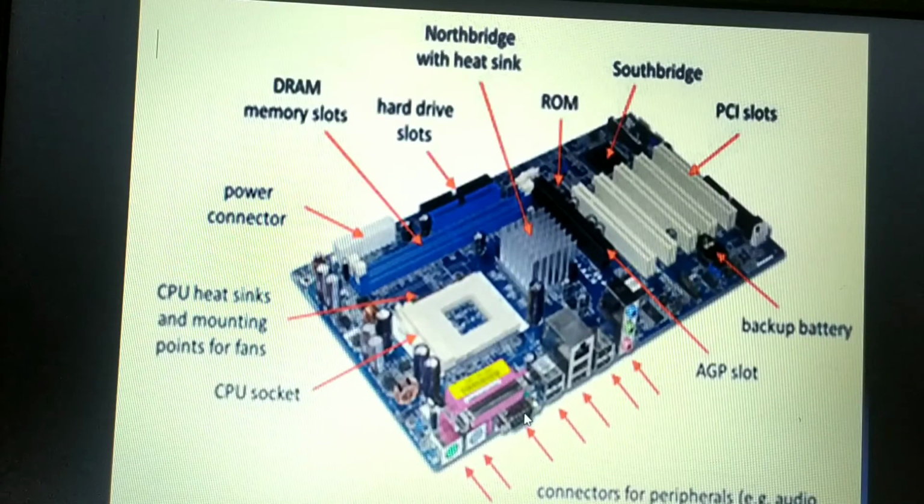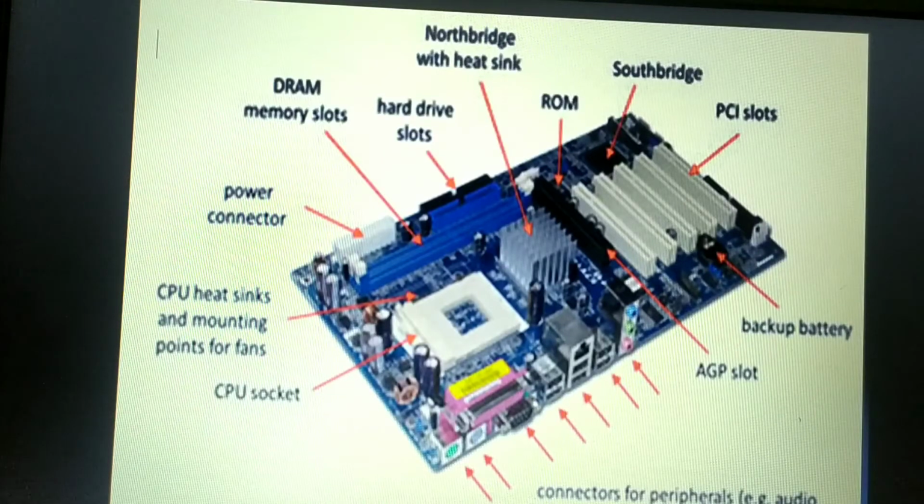The examples for the ATX motherboards are dual core, quad core, or Intel i5, Intel i7, Intel i3 processors. These are the different types of examples for the ATX motherboard. So there are usually 4 types of motherboard that we have discussed: the XT motherboard, for which the example is Pentium 1; the AT motherboard, Pentium 2; the Baby AT motherboard, Pentium 3 and Pentium 4; and the ATX motherboard, Intel Pentium i3, i5 or i7.